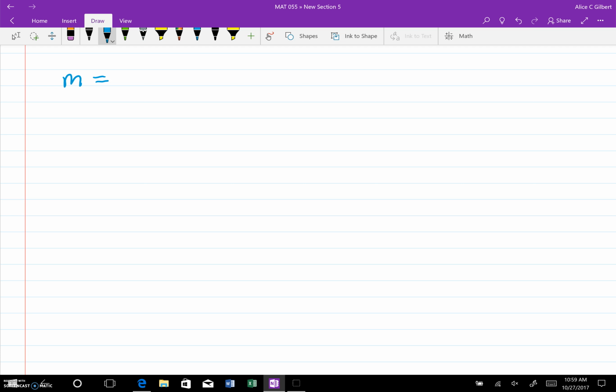Slope formula: y sub 2 minus y sub 1 over x sub 2 minus x sub 1. This is called the slope formula. We use it to find slope.